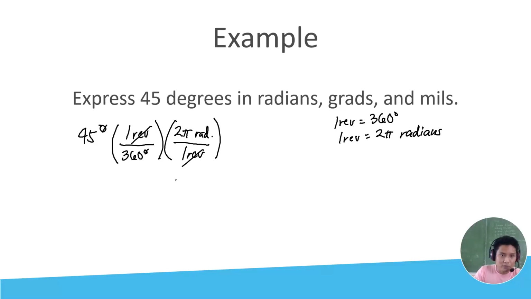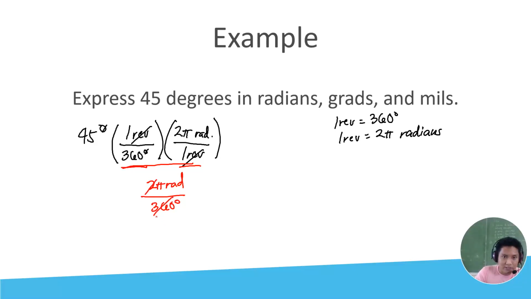Now, the revolution unit is cancelled. So, some of you might just simply simplify this conversion factor by multiplying 1 over 360 to 2 pi radians. So, let's see what would be the equivalent conversion factor of these two. If I multiply these values, ang kalalabasan ay 2 pi radians over 360 degrees.